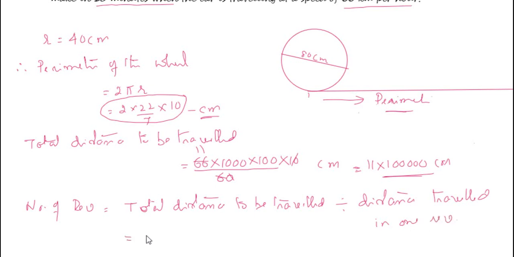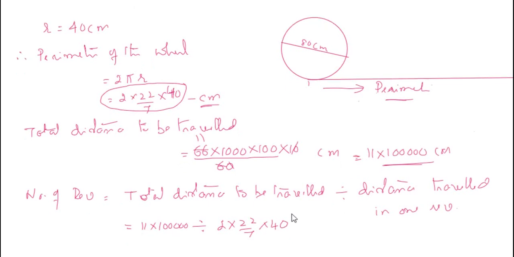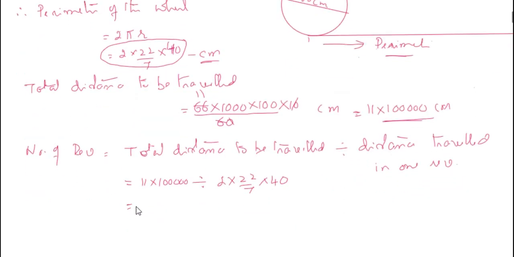So that is equal to 11 into 1 lakh divided by 2 into 22 divided by 7 into 40 into 40. So that is equal to 11 into 1 lakh into 7 divided by 2 into 22 into 40.